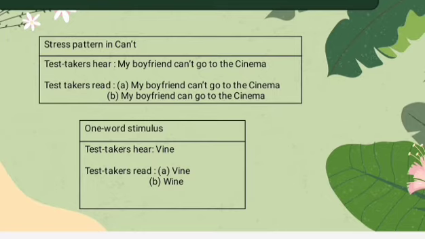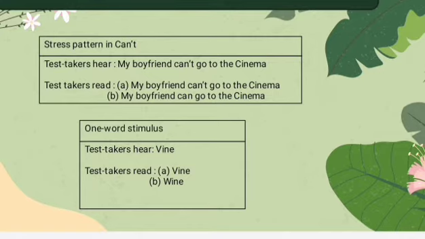This slide is another example of recognizing phonological and morphological elements. There are two tables. The first one is with stress pattern in can't, or we can say cannot.